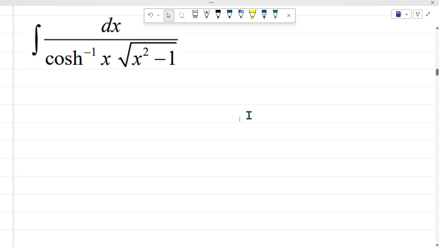So all right, let's check. Now we've got the integral of 1 divided by the hyperbolic inverse cos of x multiplied by the square root of x squared minus 1. So when we check this case, does it fall under any of the formulas that we know?